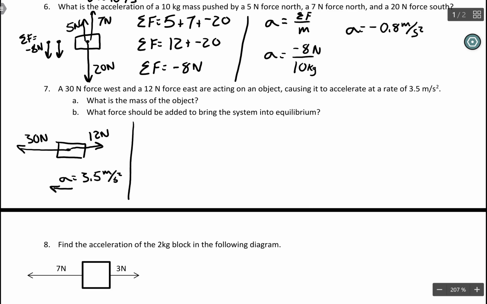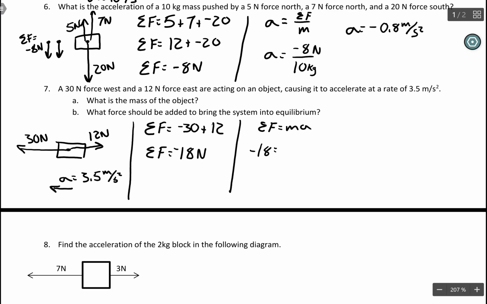There's two forces acting here, so let's figure out what the net force is first. Negative 30 plus 12. The net force should give you 18 newtons in the negative direction.